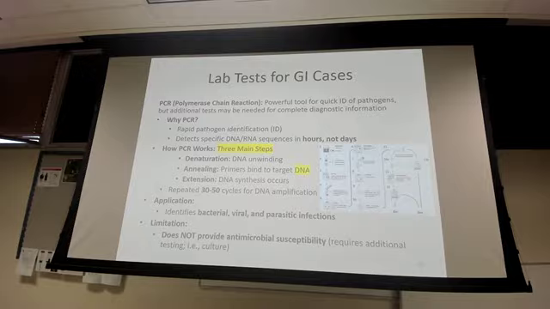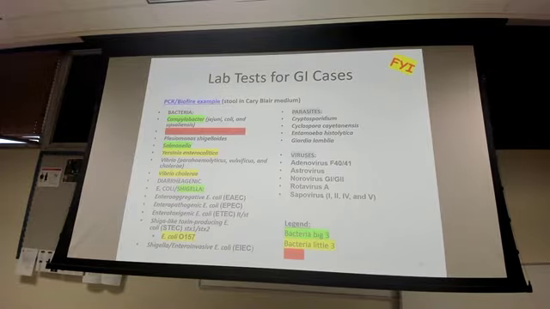Once the machine is able to identify the pathogen itself, it'll prime it, bind it, and then cycle for about 30 to 50 cycles until it's large enough. It amplifies it, and then the machine is able to identify whether it's a bacteria, a virus, or a parasite. We like PCR testing. It's very quick. You get your answers in a relatively good time, in hours and not in a couple of days.